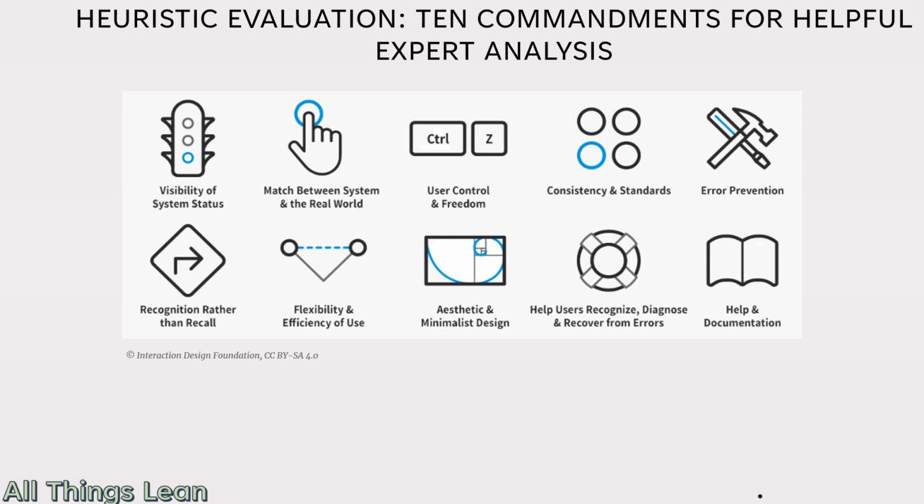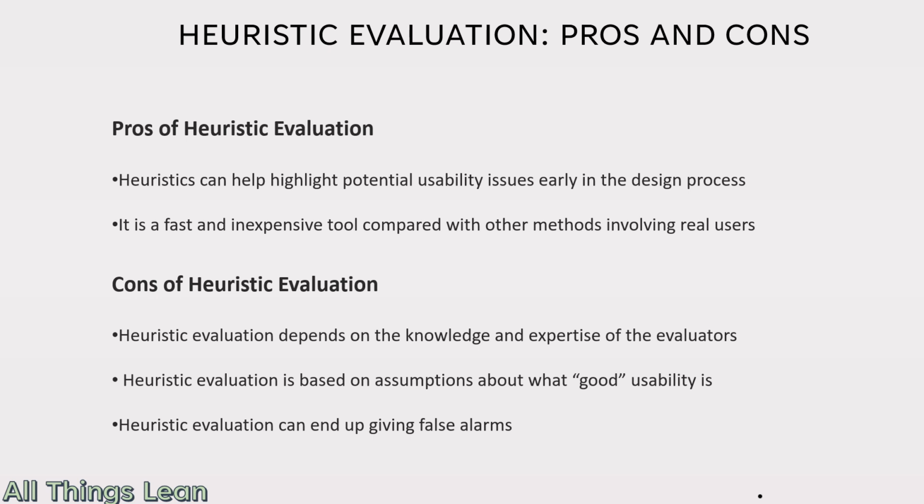Provide plain language help regarding errors and solutions. List concise steps in lean, searchable documents for overcoming problems. When you apply the Nielsen-Molich heuristics as an expert, you have powerful tools to measure a design's usability.